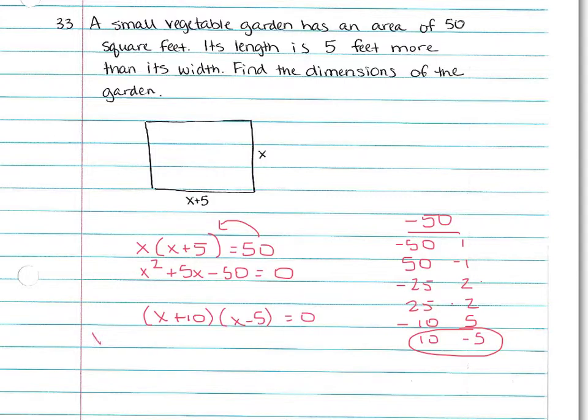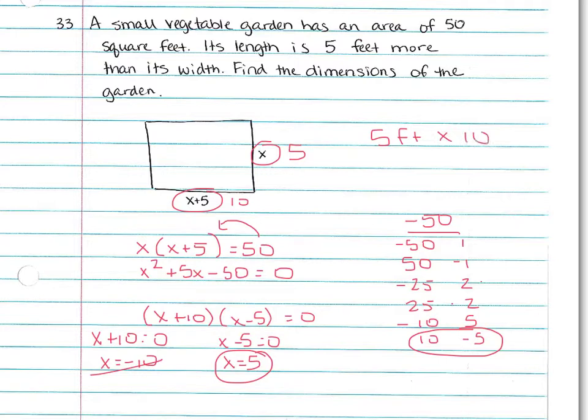So setting each one of those equal to 0, the first one's going to give you a negative 10, not the answer we're looking for because we need positive dimensions. The second one gives you an answer of 5. It says find the dimensions of the garden. So the garden is going to be 5 feet by 10 feet.